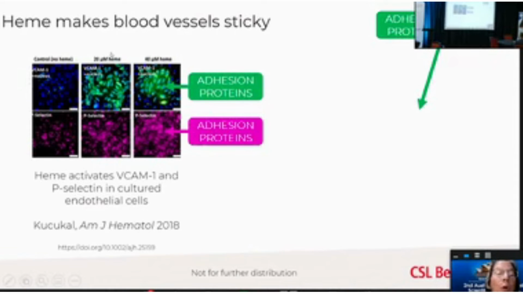Upon exposure to a low concentration, 20 micromolar, or a higher concentration, 40 micromolar, of free heme, you can see in the green staining of VCAM1 or vascular cell adhesion molecule 1, a very important adhesion molecule in cell-cell interactions in sickle cell disease. You can see in the lower row here, in pink staining for P-selectin, there's a little bit of P-selectin at baseline without heme, but as lower doses and higher doses of heme are added, you can see a very pronounced increase in P-selectin exposure on the outside of these endothelial blood vessel cells.